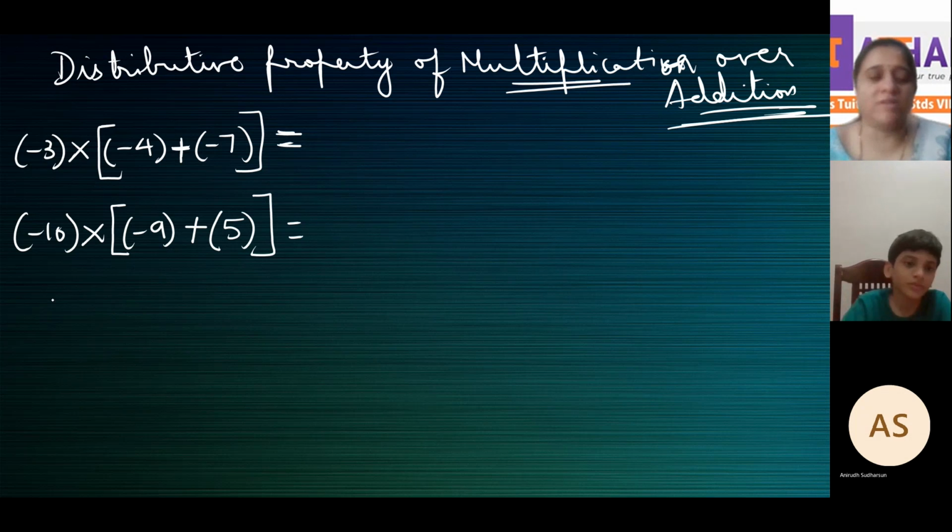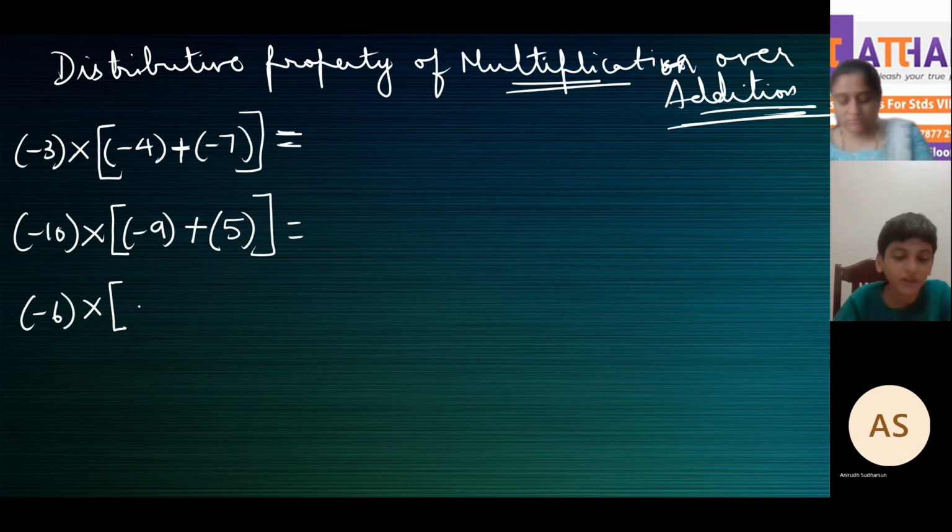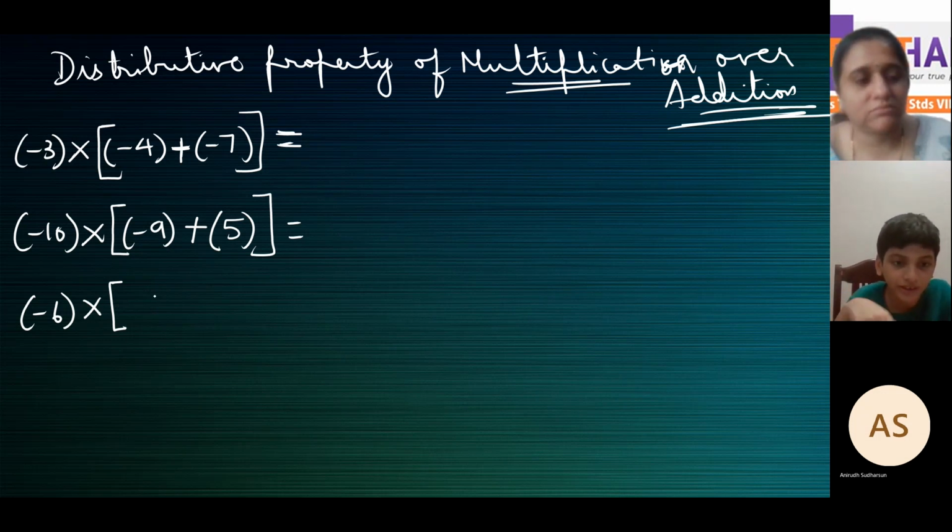Navneet, use only one negative number. Use two positive and one negative number and tell me an expression using a distributive property. Yes, ma'am. Open bracket minus 6, close bracket, into, open a square bracket.